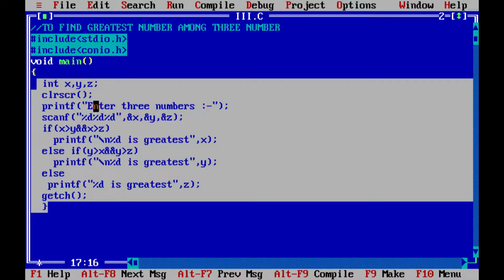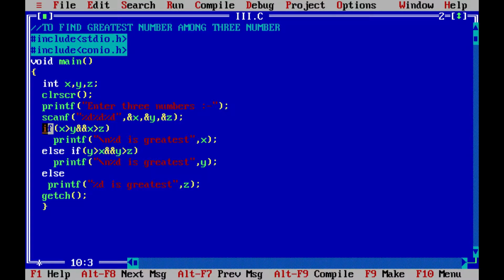Let's suppose you have to input two integer values and one character value, so you can define %d, %c and %d, and in a similar way address of x, address of y, address of z, because the first format specifier directly corresponds to the first variable, the second one to the second variable, the third one to the third variable, and the fourth one to the fourth variable, and so on. So in a single scanf statement you can store multiple variables.